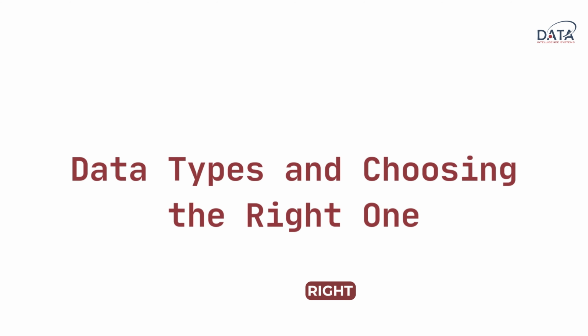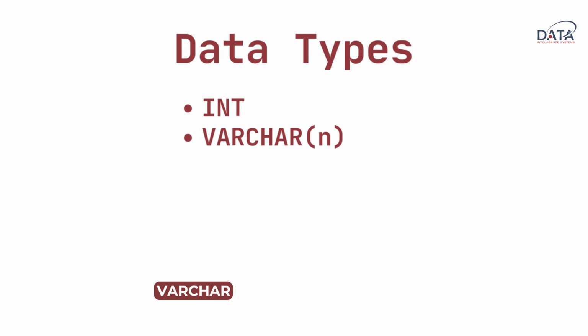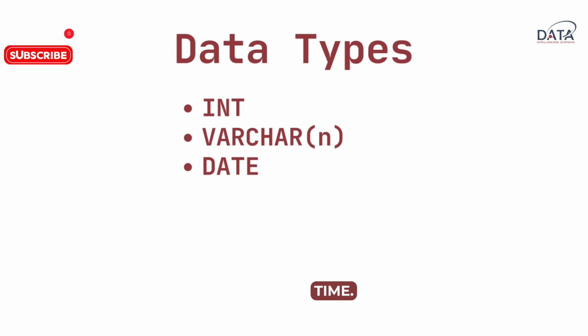Choosing the right data type is crucial for performance and accuracy. Here are some common data types and when to use them. INT for whole numbers. VARCHAR with a specified length for variable length strings up to n characters. DATE for date values without time.